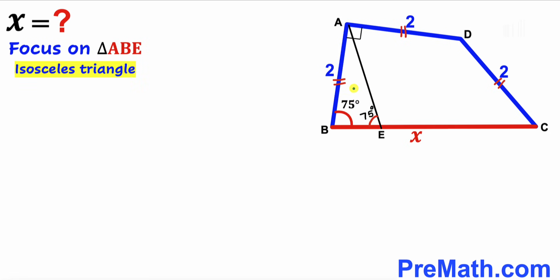We can see that triangle ABE is an isosceles triangle, since these two angles are congruent. So we conclude that these two sides AB and AE are congruent as well. So this angle has got to be 30 degrees.